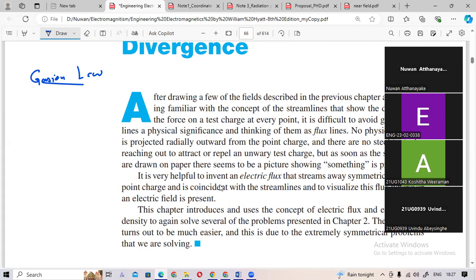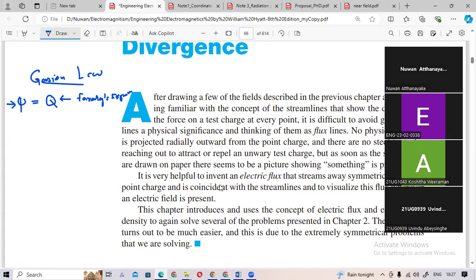So we know that electric flux is equal to the total charge. I think this is not Gauss's law. This is Faraday's law or something, Faraday's experiment. This is given by Faraday, as I know.